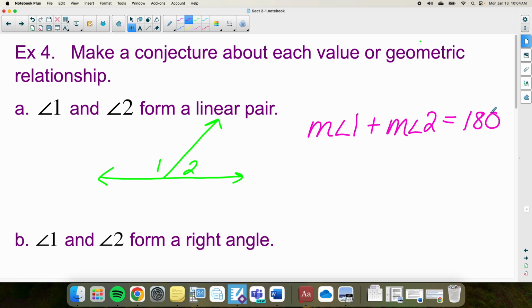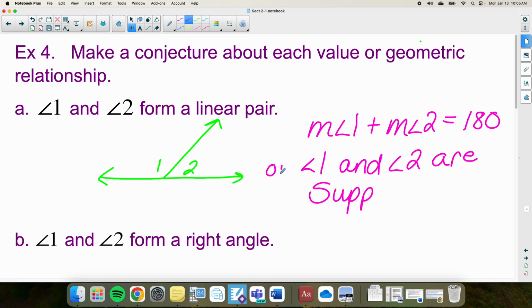What's another word for adding up to 180? Do you guys remember? It's in the back of the room, on the top. Supplementary. So another thing we could have said is angle 1 and angle 2 are supplementary.